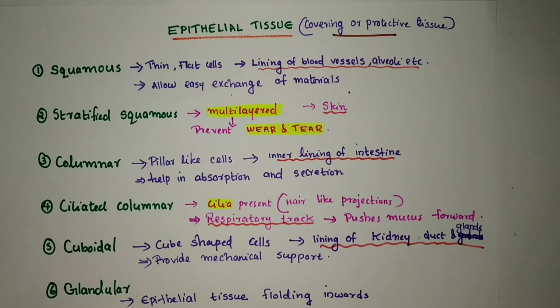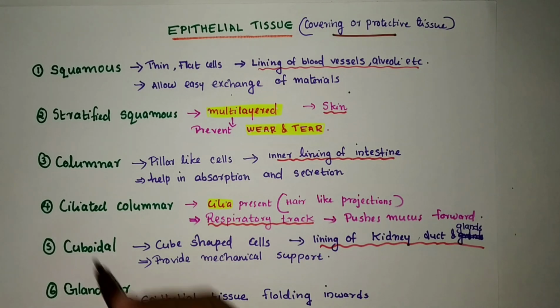So multi-layered squamous epithelium is known as stratified squamous epithelium, which is present in skin, and its main function is to prevent wear and tear. We know that skin is the outermost part, which is in contact with the outer atmosphere, so chances are there of wounds and other tearing and wearing. To prevent that, a multi-layered epithelium is present in the skin layer.